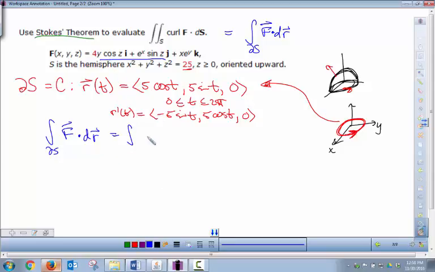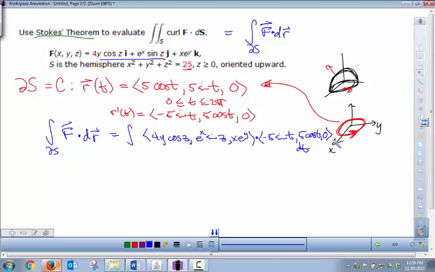So this is going to be an integral of, and I'm going to replace things a little bit later, but for now I'm just going to plug in the vector field. That's 4y cosine z, e to the x sine z, and x e to the y, dot that with negative 5 sine t, 5 cosine t, and 0, dt.